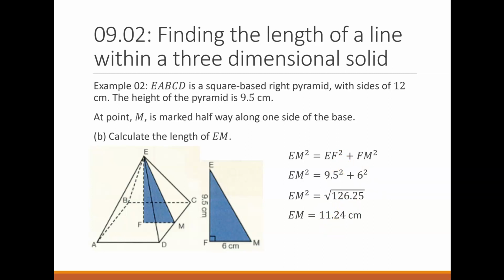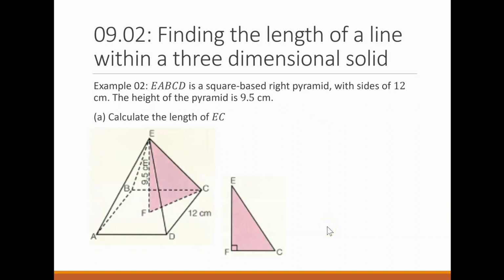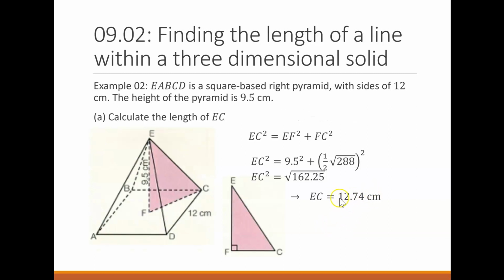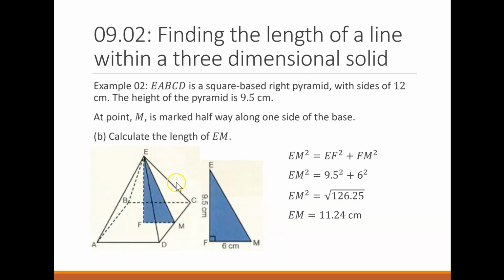Everybody happy still? Now notice if I compare EM, 11.24, with EC, 12.74, they were not the same, right? So why are EC and EM different lengths? This is what I think is the best explanation.